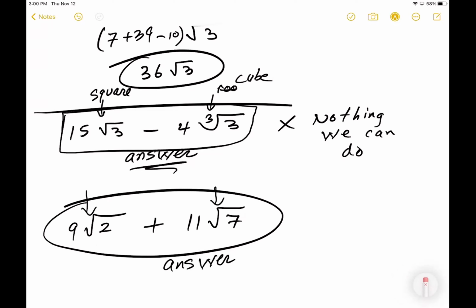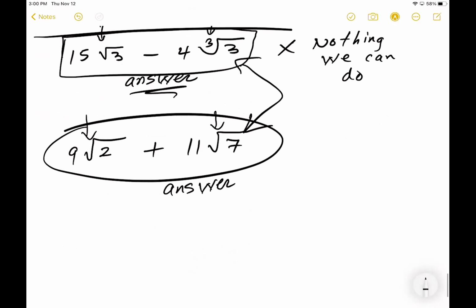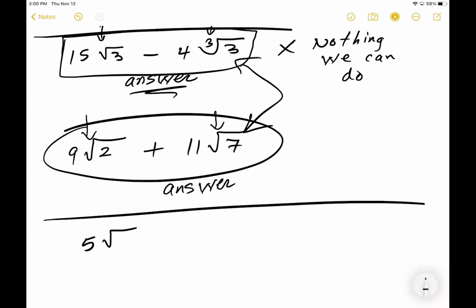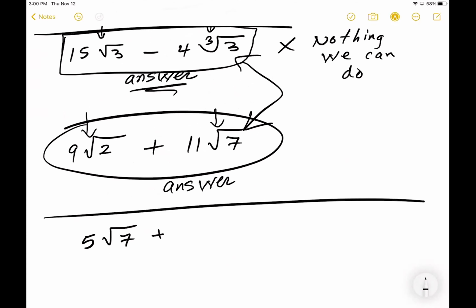And these two items just tell you that if the roots are different, or if the radicals are different, there's nothing you can do. And the problem that you will encounter a lot is when you have something like this. Let's start with an easy problem. Let's say we have 5 square root of 7 plus 4 square root of 63.